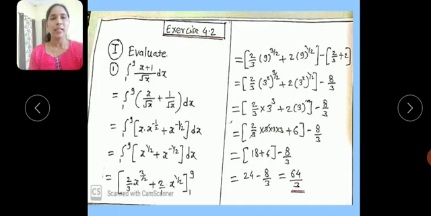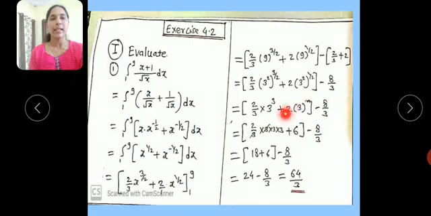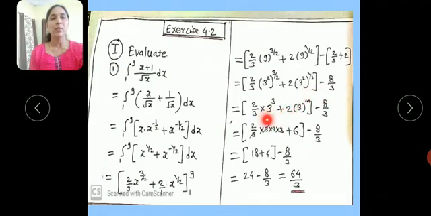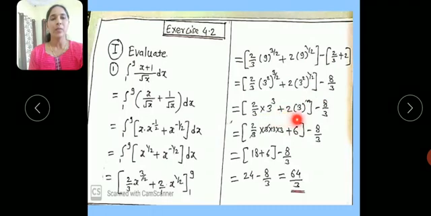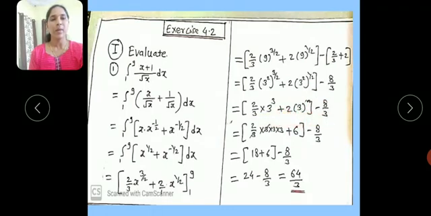Here 2 by 3 into 9 raised to 3 by 2 plus 2 into 9 raised to 1 by 2 minus 2 by 3 plus 2. We get 2 by 3 into 3 square raised to 3 by 2 plus 2 into 3 square raised to 1 by 2 minus 8 by 3.